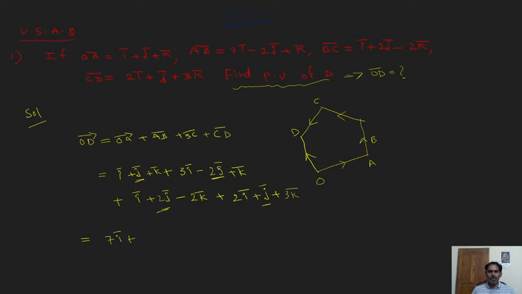Here observe, minus 2J plus 2J gets cancelled, so J bar plus J bar is 2J bar. Now K bar terms: K bar minus 2K bar plus 3K bar. So the answer is OD bar equals 7I bar plus 2J bar plus 3K bar.